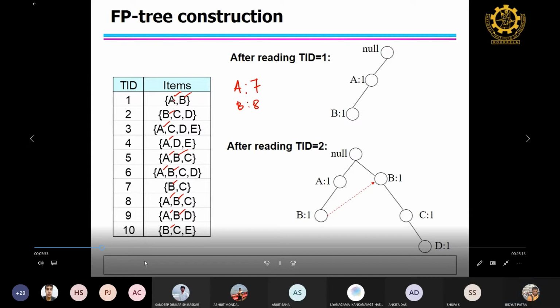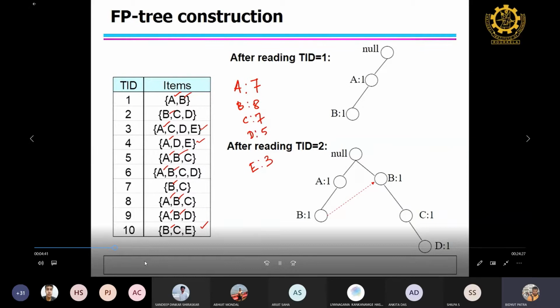Then C is 1, 2, 3, 4, 5, 6, 7. Then D is 1, 2, 3, 4, 5. Then E is 1, 2, 3. So E is 3.